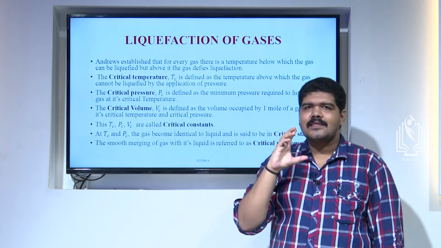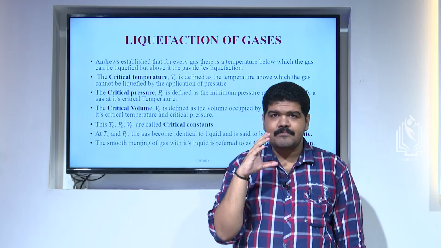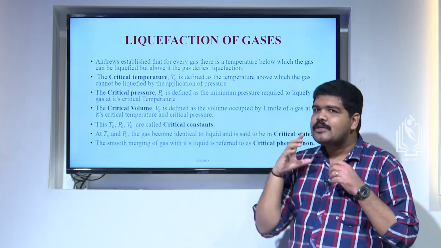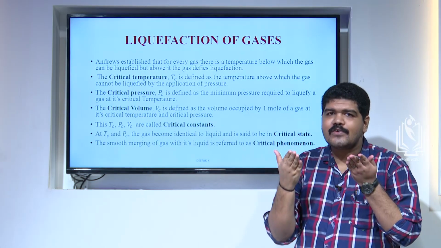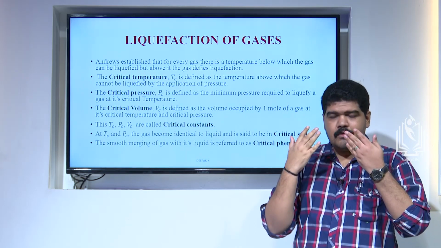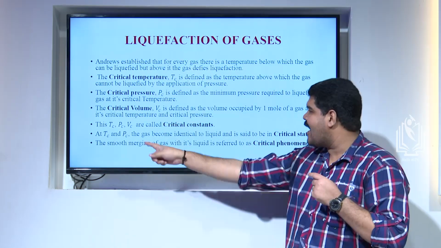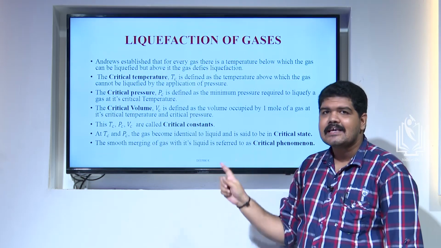When these conditions are applied, the gas system is in a critical state, and the gas molecules slowly convert into the liquid phase, from the area of low attractive forces to the area of high attractive forces. That smooth merging of gas with its liquid is referred to as the critical phenomenon.